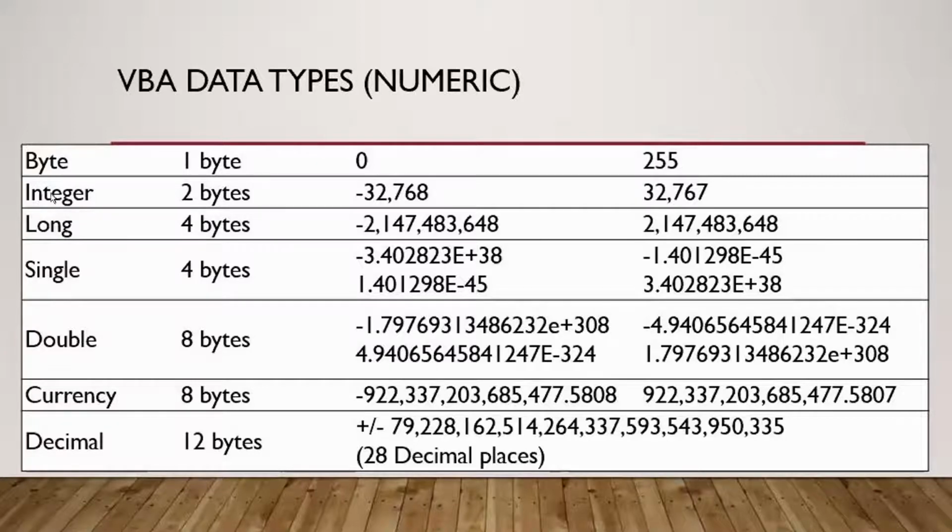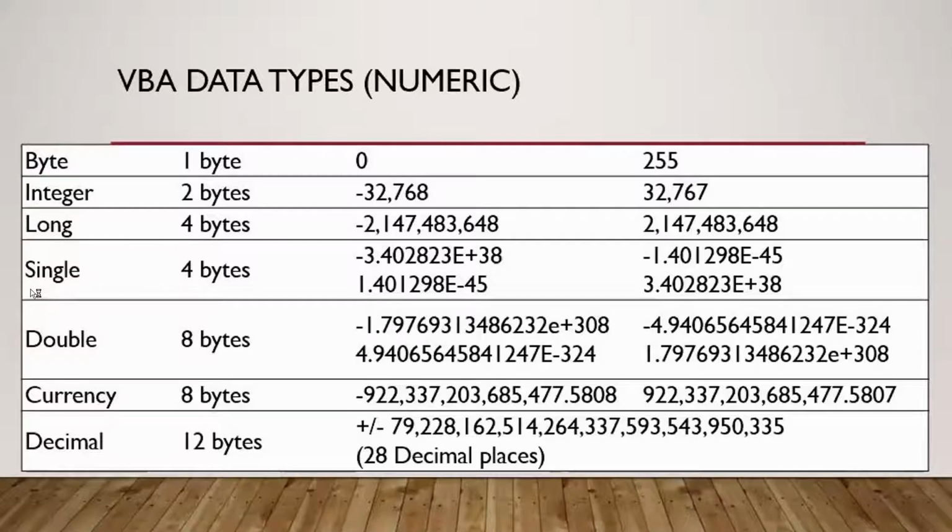If we declare, we used integer, but if we say byte, it's going to take 1 byte of the RAM or the hard disk space, and it can have a minimum value of 0 and a maximum value of 255. If we say integer, integer is of 2 bytes and it ranges from negative 32,768 to positive 32,767.